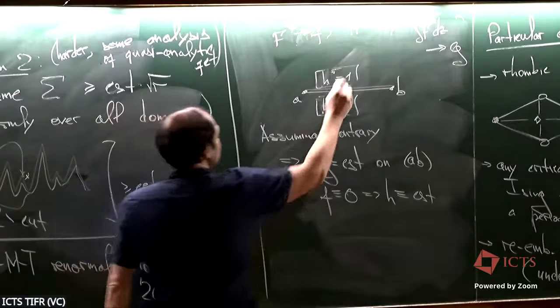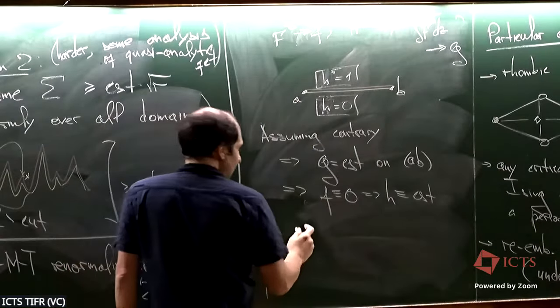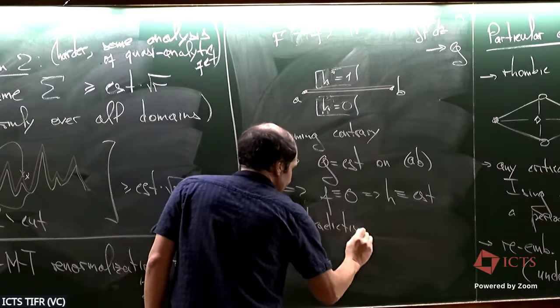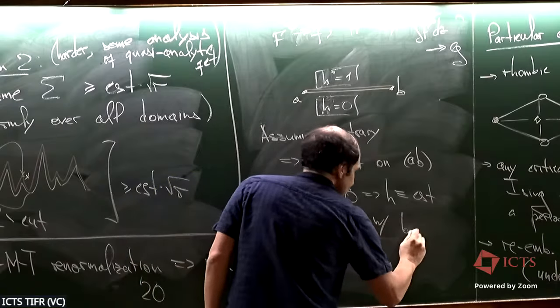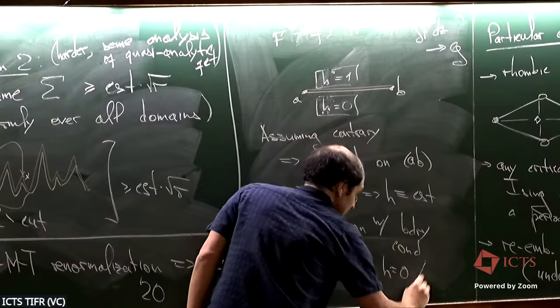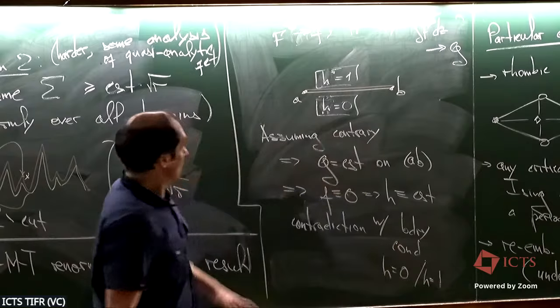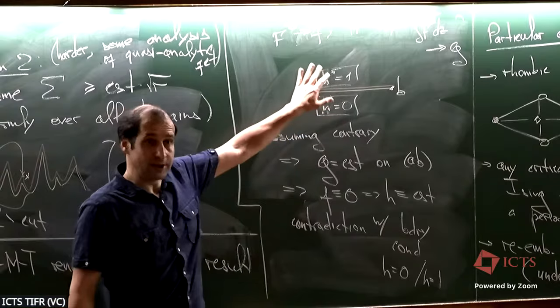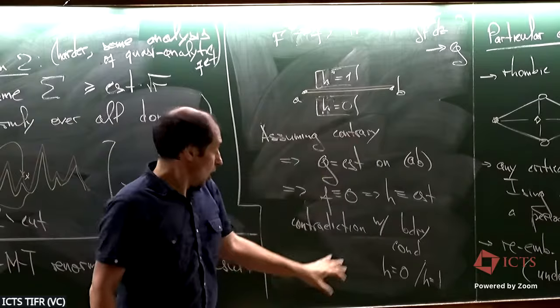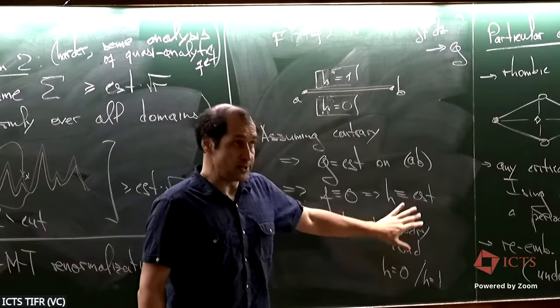So because of that, you know that f is 0, h is just some constant, and that's also the primitive of the squared. And then a contradiction with boundary conditions, h equals 0, h equals 1. Because it would be weird that h is constant when it has different boundary conditions here and there. This step also requires some analysis.